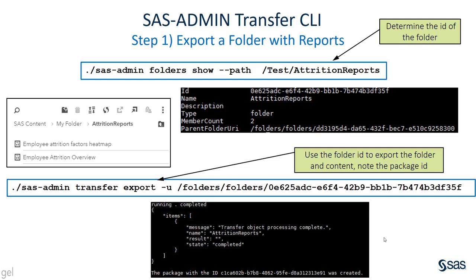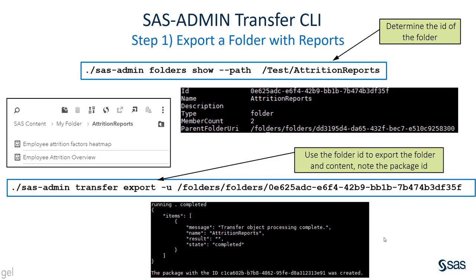So if we want to export a folder, the first thing we want to do is get the URI for the folder. Fortunately, we can do that from another SAS admin CLI plugin, the folders plugin. We do show and pass it the path to the folder in the folder tree. It will generate for us the ID and the URI of the folder. And then we can take that and we can pass it to transfer.